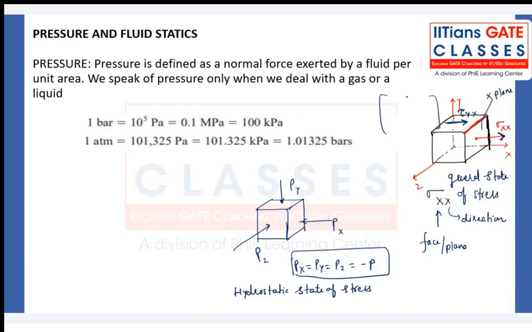Actually, tau xy is equal to tau yx, tau xz is equal to tau zx, and tau zy equals tau yz. Right. The total components of the stress are nine at a particular point. So these are some differences we have observed in the case of pressure and stress.